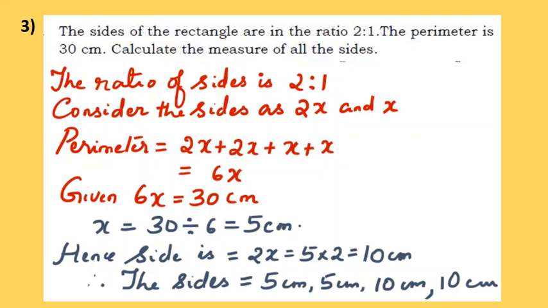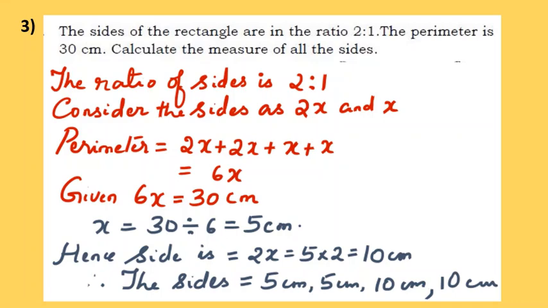Find the sides. So what we have to do when the ratio is given? Already we discussed several times that I have to take it as 2x or 2m or 2n, anything, but with one variable. So I will consider the sides as 2x. One side length as 2x, breadth as x.